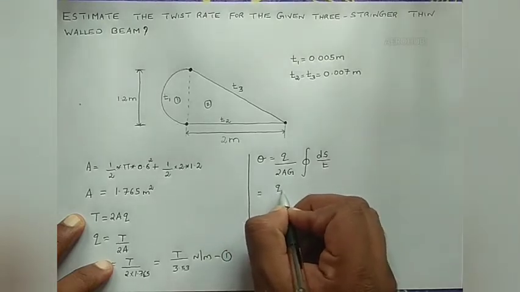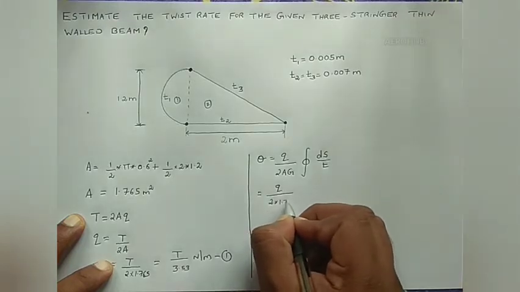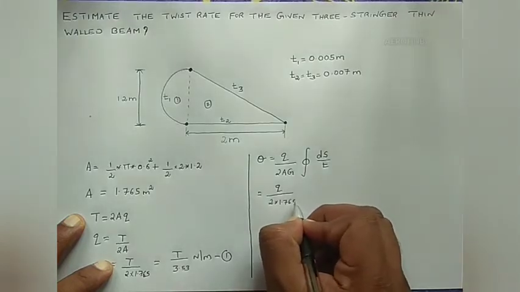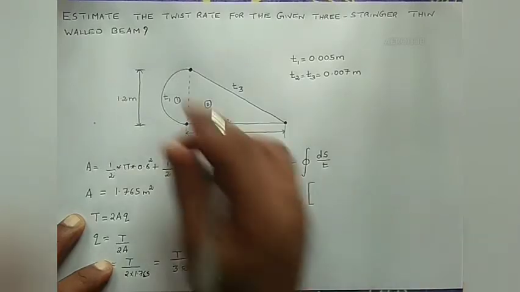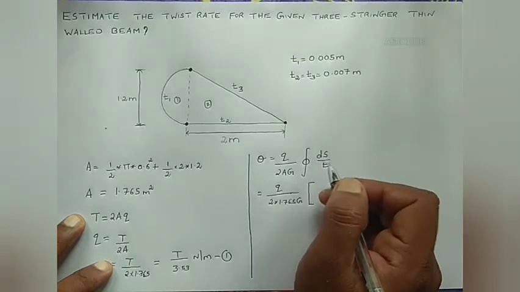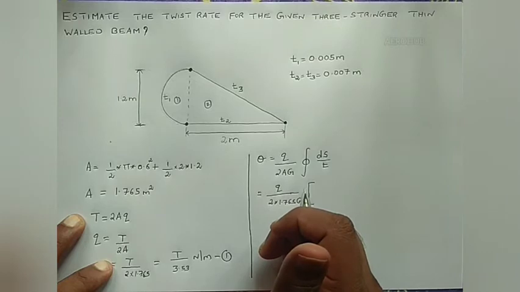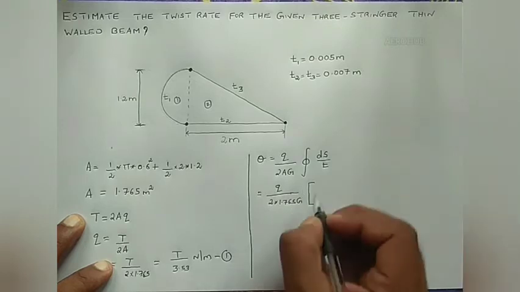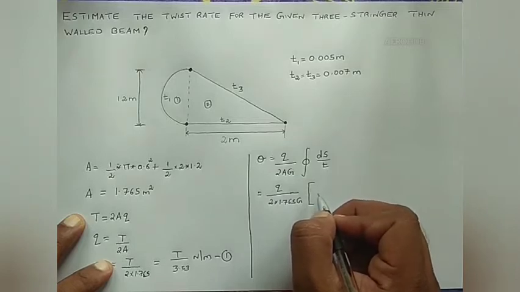So theta is equal to Q by, substituting the area, 2 times 1.765 into G. Now I will consider the first section. The ds is nothing but the total length of the section. Since that is a semicircle, the perimeter of a circle is 2 pi r, and the perimeter of a semicircle is pi into the radius.